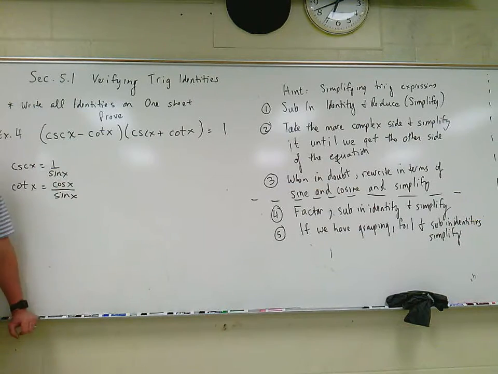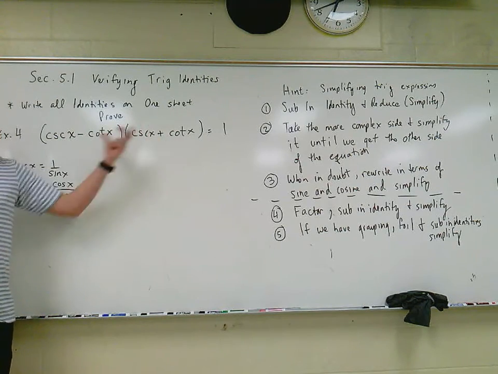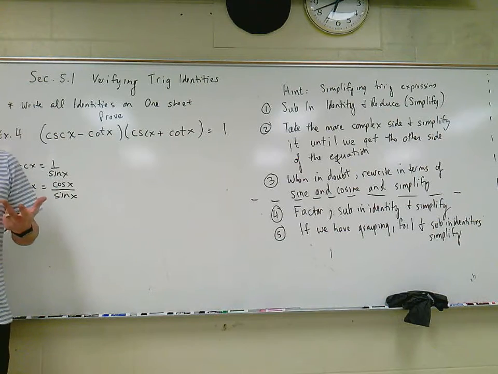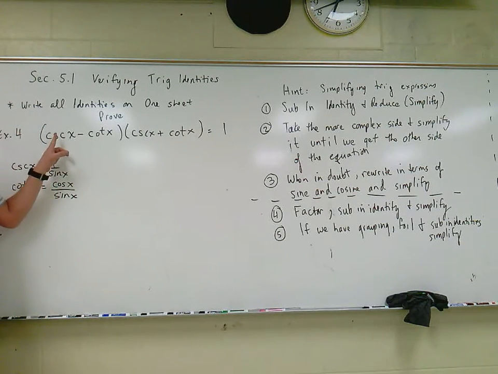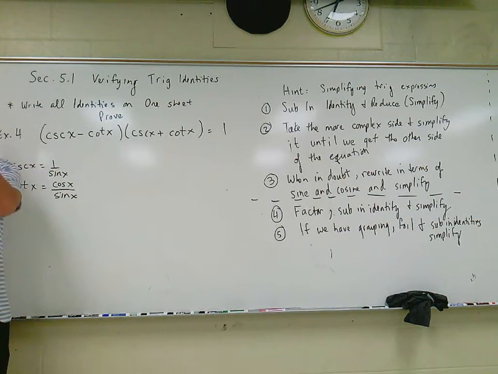I gave you another hint. So my hint was this. If I have grouping, meaning 2 sets of parentheses, like FOIL. If you had that in regular algebra, you would just FOIL it out. So you FOIL the same way here, okay? Now, just to make sure that we're clear, when you multiply a cosecant times a cosecant, it's a cosecant squared.